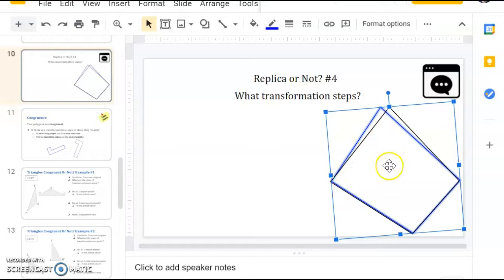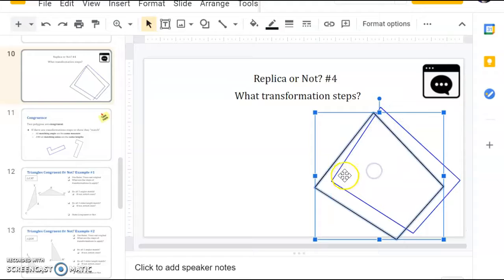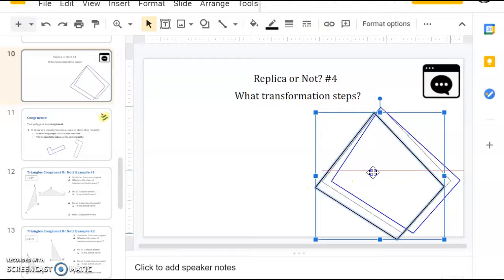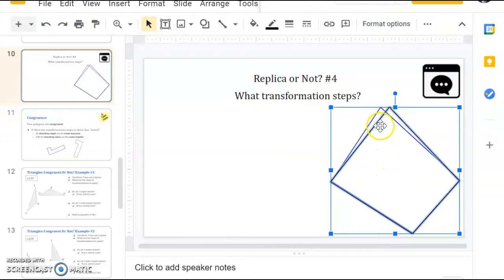So by that I mean these two angles, this angle here and this angle here, are slightly different. And what else? The side length is slightly different too. Actually, maybe the side length is not too different, but it's the angle measure. What about the angle at the top? Is it the same?